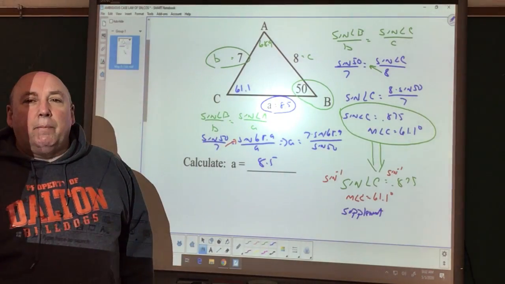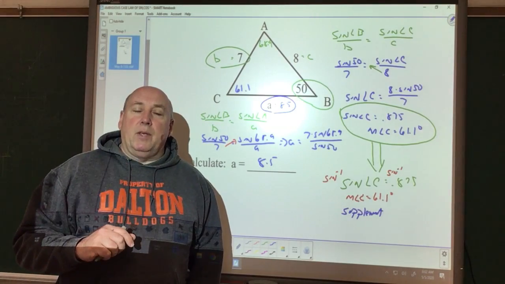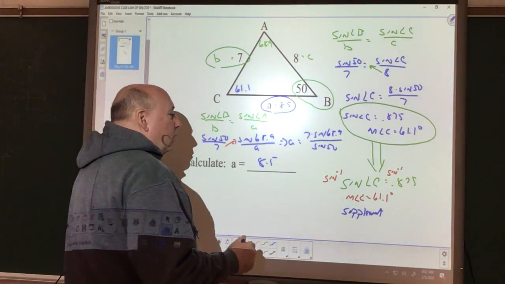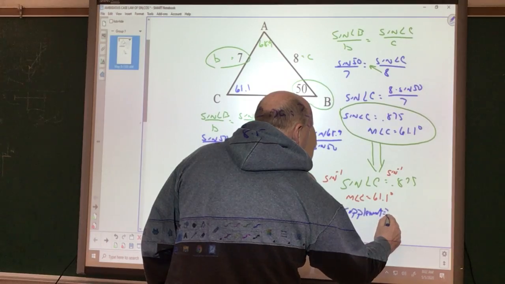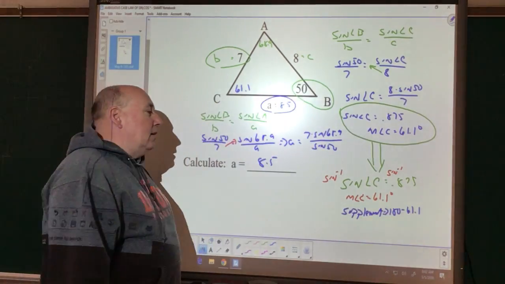Well, how do we find the supplement? Supplements are two angles that we add together to equal 180. So we can subtract 180 minus 61.1 degrees.